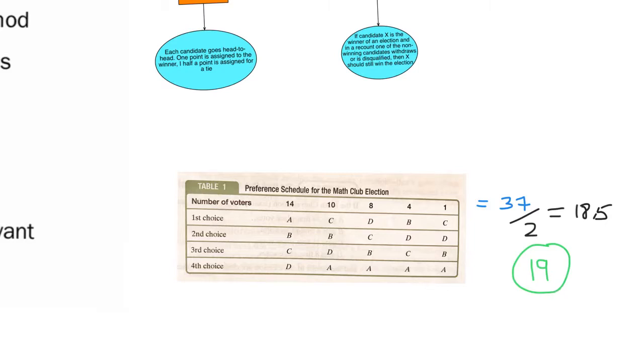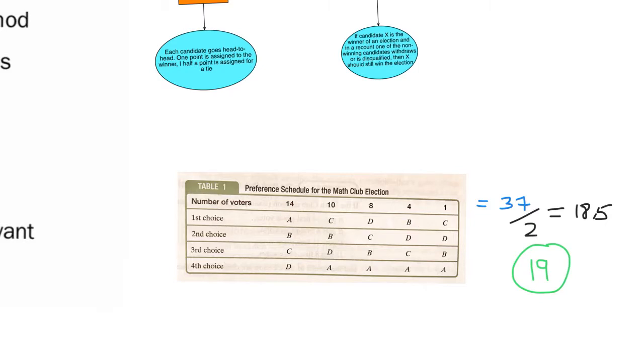Now, before you do the plurality with elimination method, it's a good idea to just make sure that none of the candidates are already the majority winner, because if one of the candidates already is the majority winner, then that candidate will have won the election. So we can see that A is the candidate that has the most first place votes, and A only has 14 votes. So therefore, there is no majority winner yet.